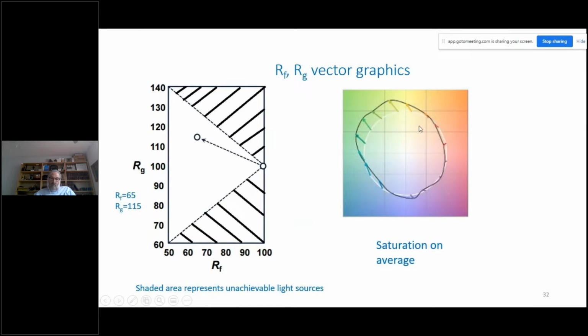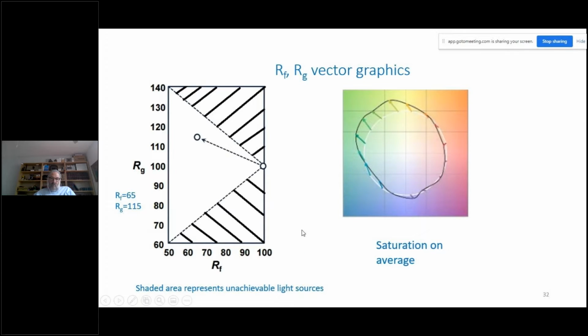But you can also have something like this, where you clearly have saturation. So the area of saturation is more than the area of desaturation. So on average, it's a saturated light source. And that's why you can see its RG is 115 and RF is 65.